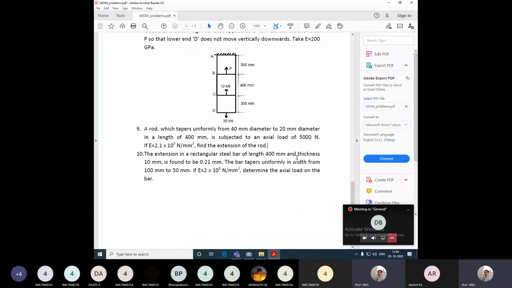If direct values are given, just use the equation that is there and find out the change in length.